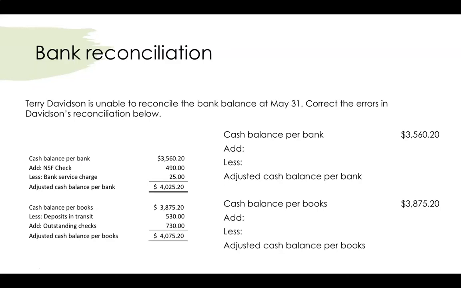But the bank would know because they were the one that found out that that check didn't go through. So that's not going to go on the per bank side. A bank service charge. Well, the bank definitely is going to know the amount for this bank service charge, right? They're the one charging you that $25. So that's not going to go on the per bank side.